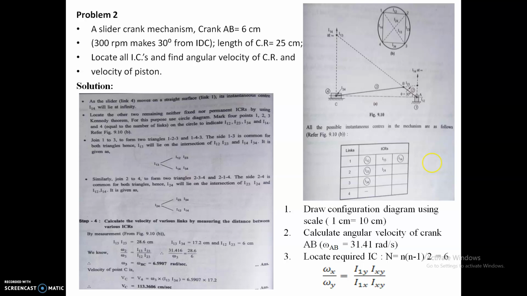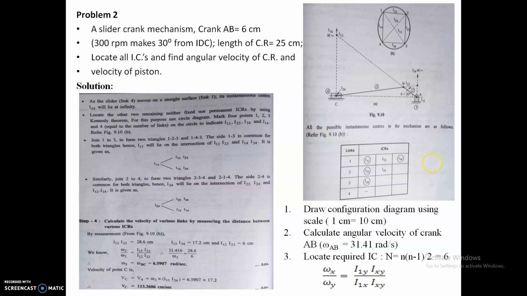So through these 4 ICs, if you draw the lines, they intersect at one location, and I have given that point as 2 4.